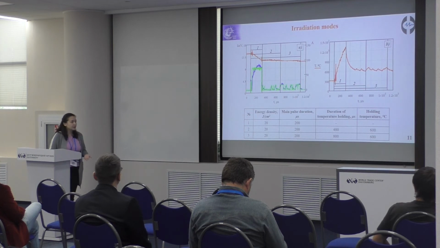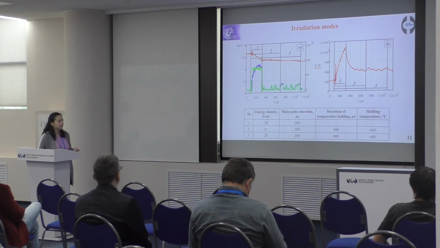But then we decided to compare the results of irradiating the surface just for these 200 microseconds, then keeping the temperature during the first 400 microseconds, and then during 1 millisecond.